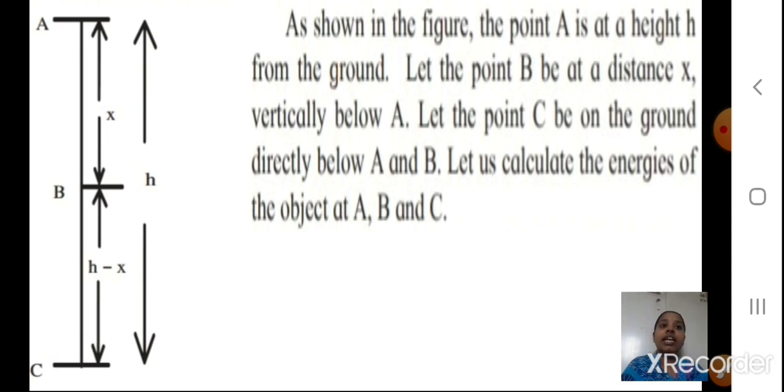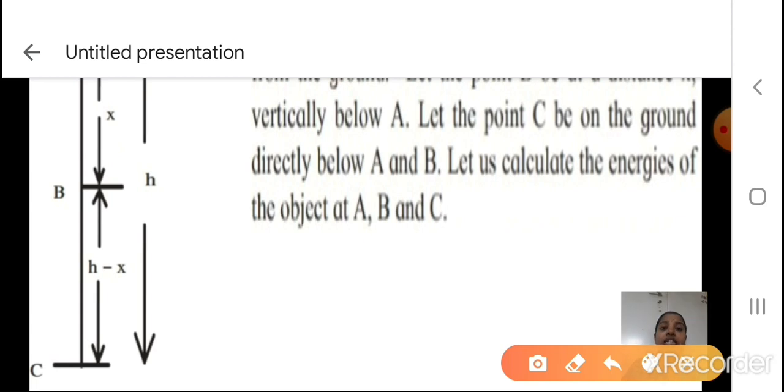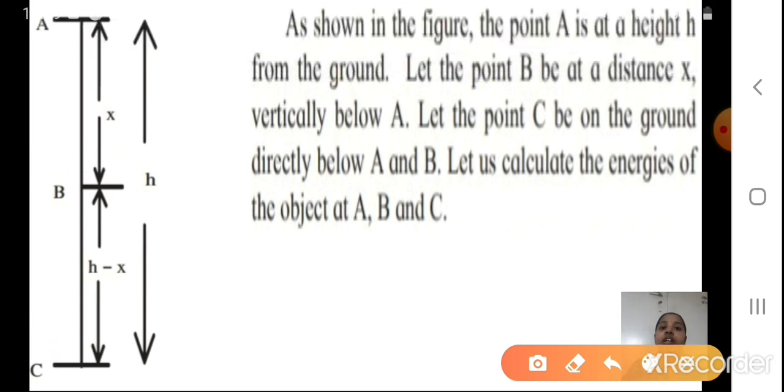Now here, as shown in the figure, the point A is at a height h from the ground. Just see here. The point A is at a height h from the ground. This C is your ground point and this A is your point, whose height is h.